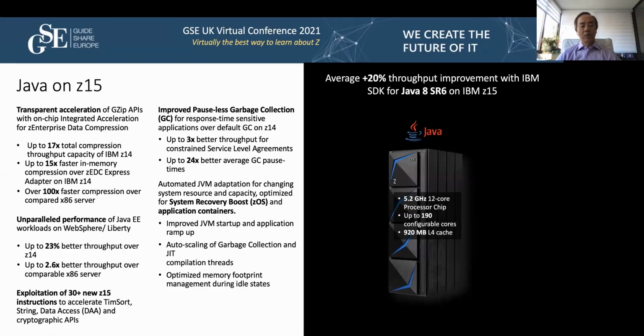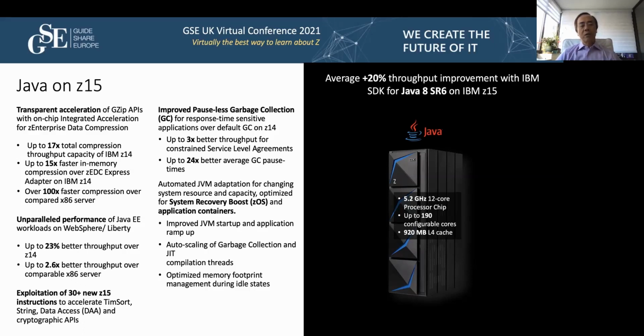Java works very closely with the processor team, so that they can provide full support for the 30+ new instructions on Z15 to accelerate a lot of activities, especially crypto APIs. And it supports compression. The compression went from a compression card to on chip on Z15, and Java is able to fully support that.